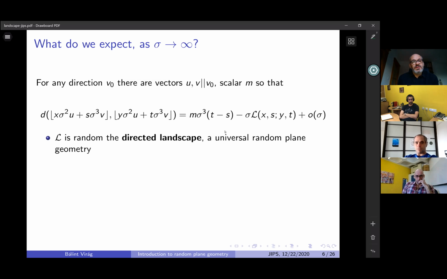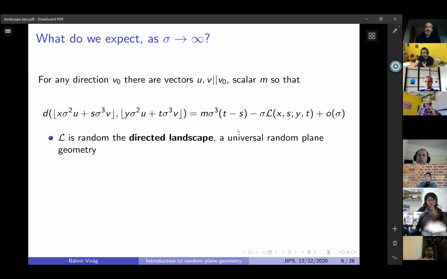If you do this kind of scaling, with sigma cubed in the direction of v and sigma squared in the direction of u, which comes from the observation I made in the previous slide, then the distance in this random geometry is going to be something like sigma cubed times the difference in the main direction, times some mean term m. So m is a scalar. That's the main asymptotics, a law of large numbers type asymptotics.